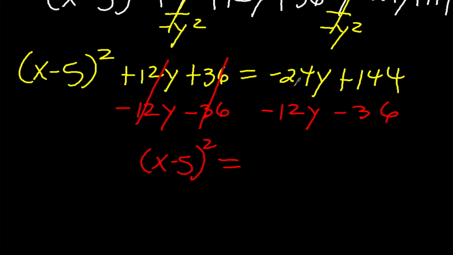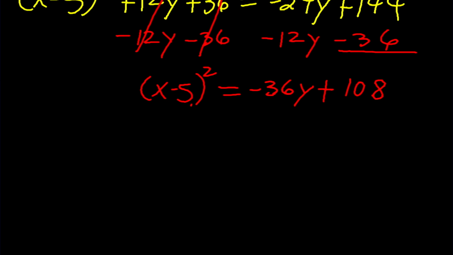On this side I have negative 24y minus 12y gives me a negative 36y. And then 144 minus 36, we know it's going to be positive, that's going to give me a positive 108. At this point, notice we have x minus 5 quantity squared is equal to a negative 36y plus 108.